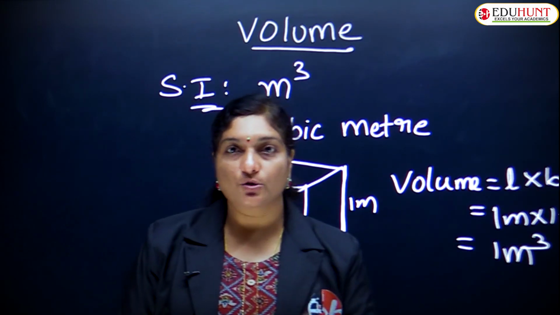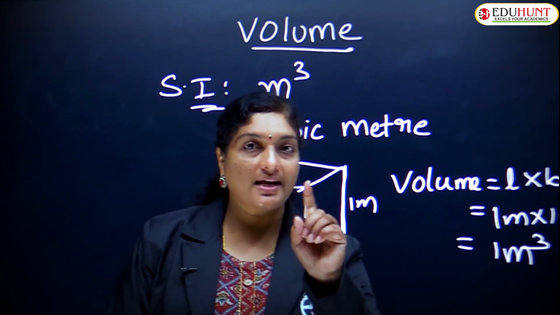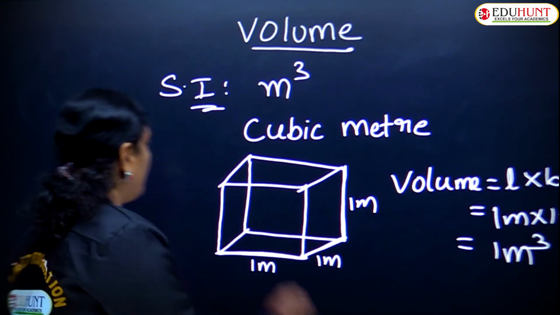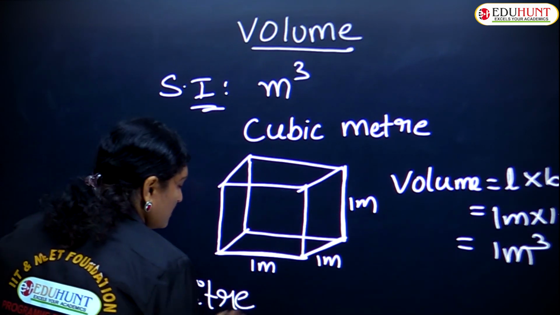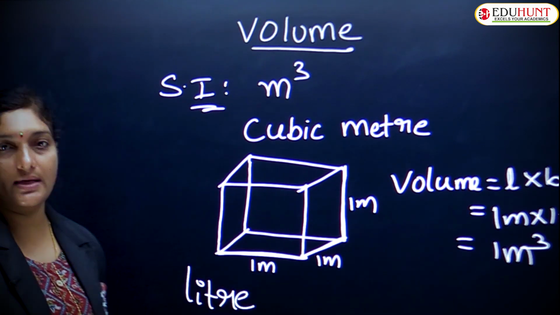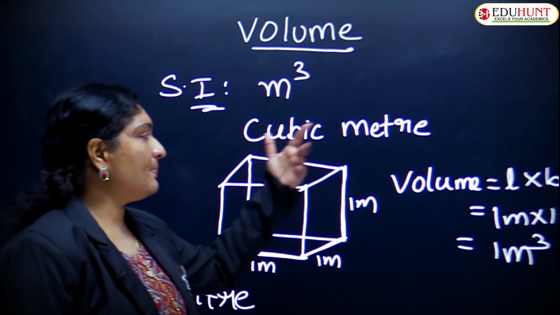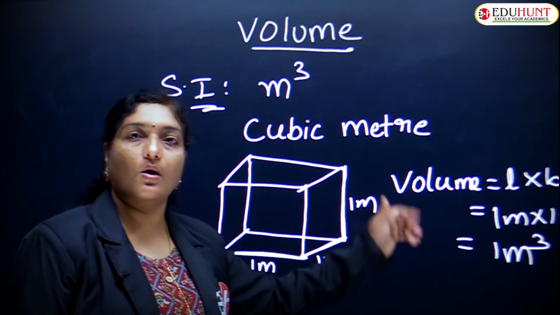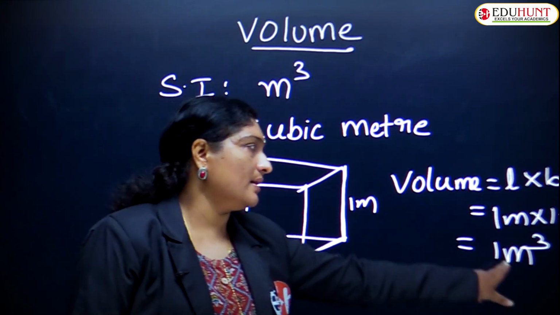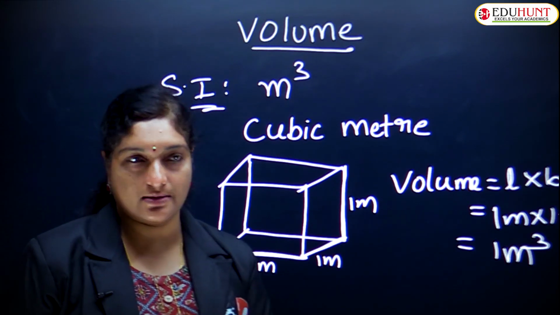Suppose you would like to measure only liquids, then you will be measuring it in liters. So liters is also another unit for measuring the volume of a given liquid. For gases or solids, we will generally indicate with meter cube or cubic meters only.